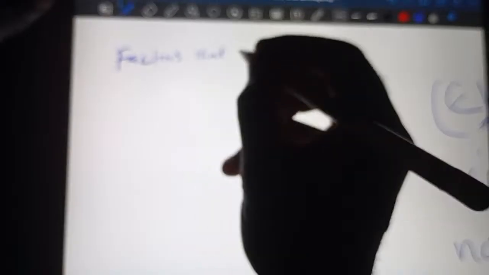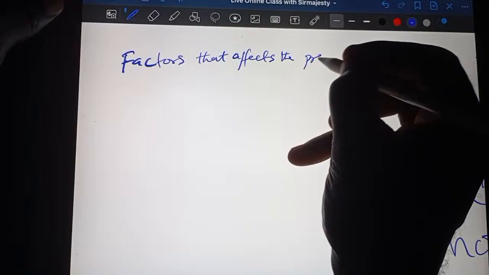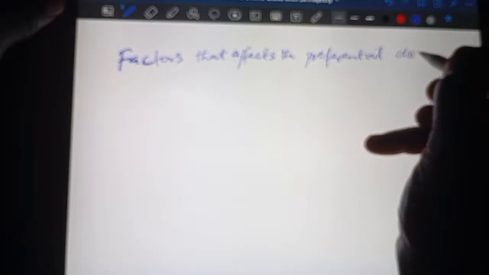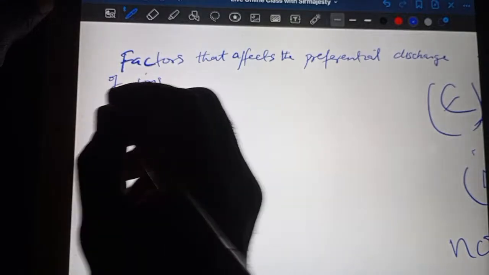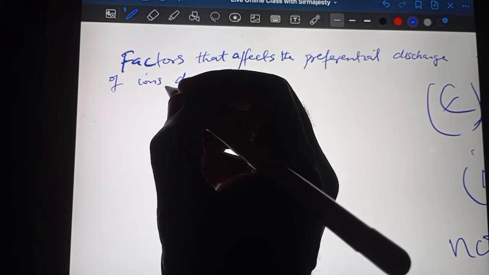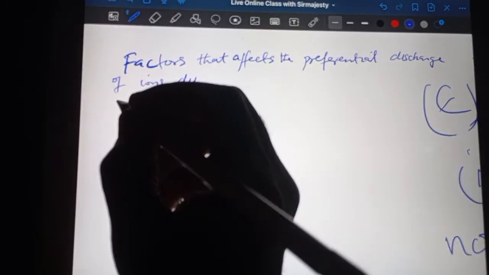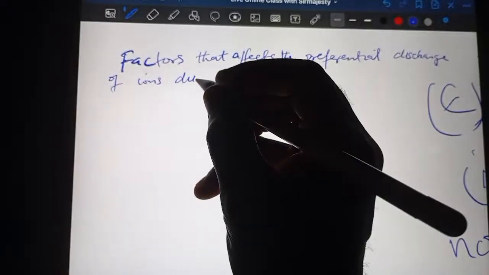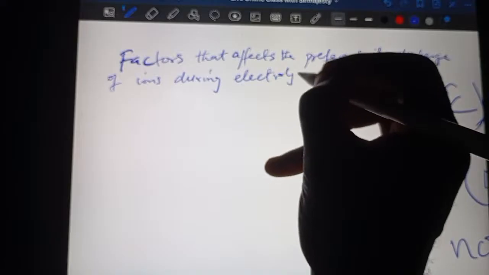Factors that affect the preferential discharge of ions during electrolysis.